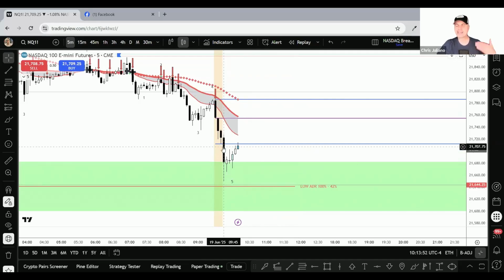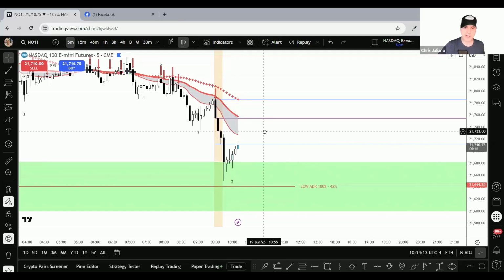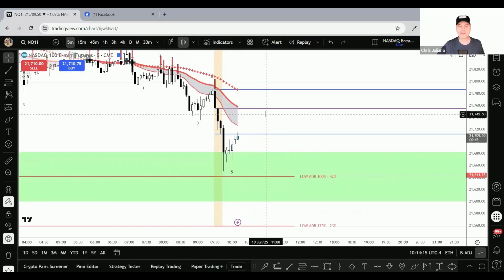And what did it do? It did exactly what we said it was going to do. It just came this close to hitting our target and decided to reverse. So we just missed it. It would have been a really great video and super exciting. And TrendCloud, and I would have looked like a real genius, right? They're like, oh my God, this guy, Chris Juliano, he just called a shot and it just happened.